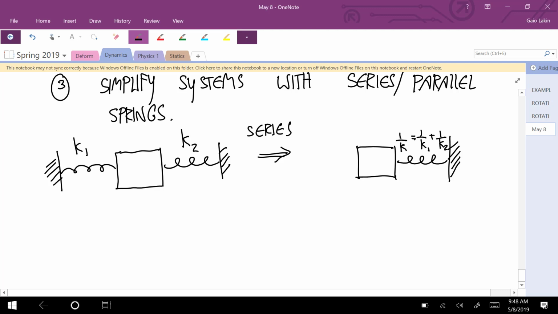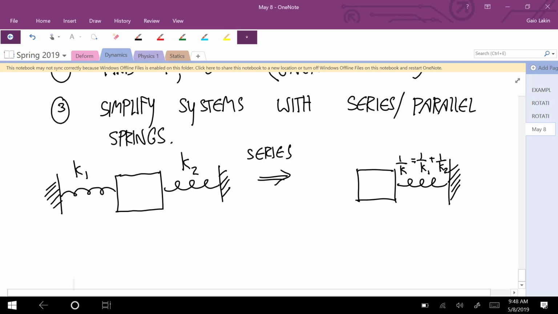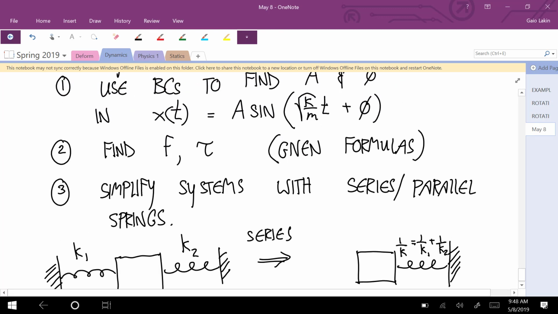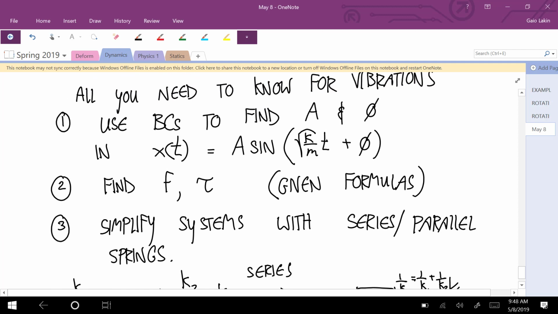Parallel is the one where you just add the constants. Any other questions? Okay, that's all.